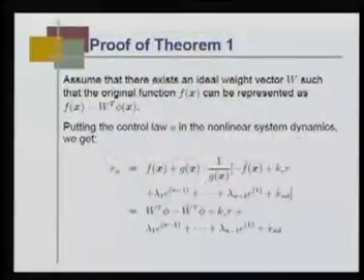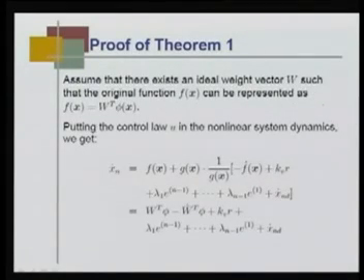Assume that there exists an ideal weight vector w such that the original function f x can be represented as f x equals w transpose phi x. Putting the control law u in the nonlinear system dynamics. So, what is our nonlinear system dynamics? That is finally x n dot is f x plus g x u.